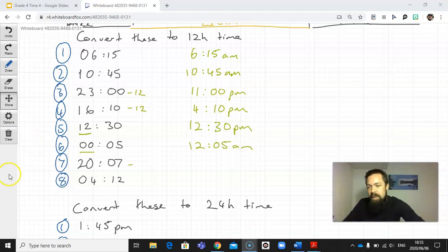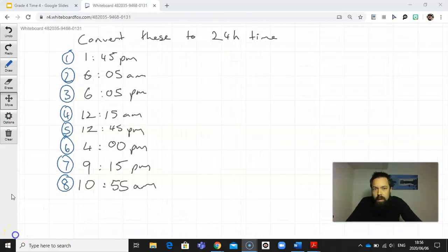Okay, pausing for a moment, and then we're going to go the other way around. Convert the following 8 into 24-hour time. They're all in 12-hour time, as can be seen by the fact that they have AM and PM after them. Please will you write these in 24-hour time.